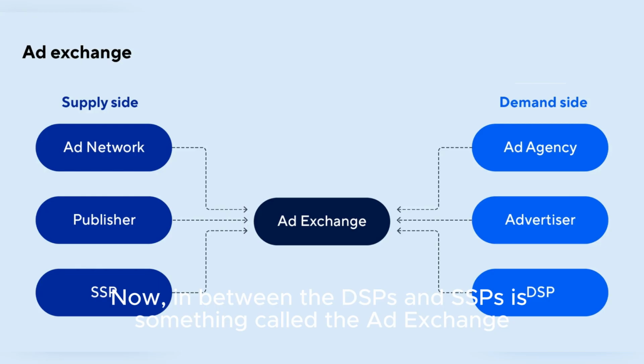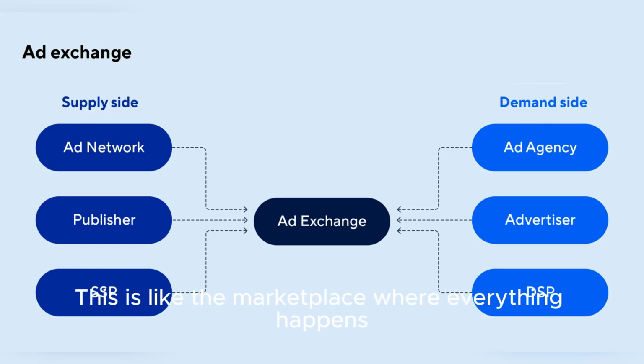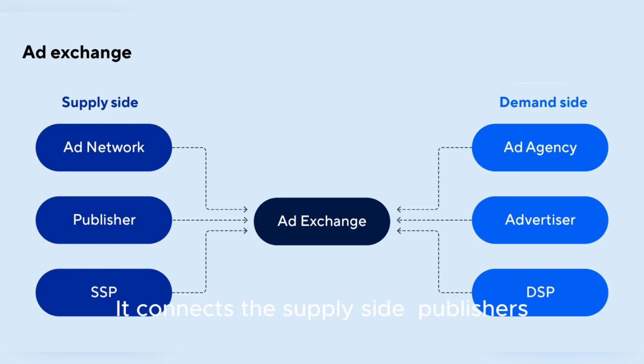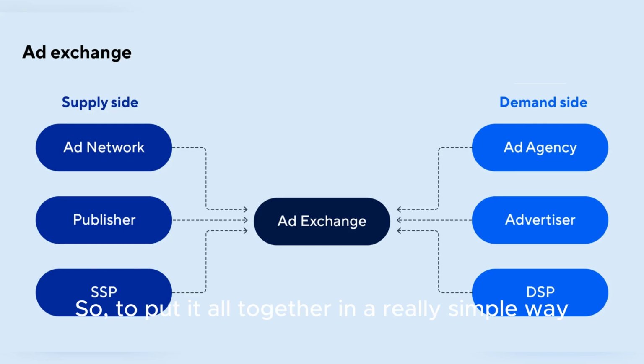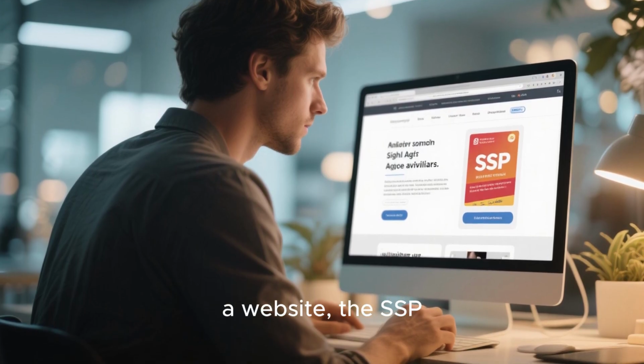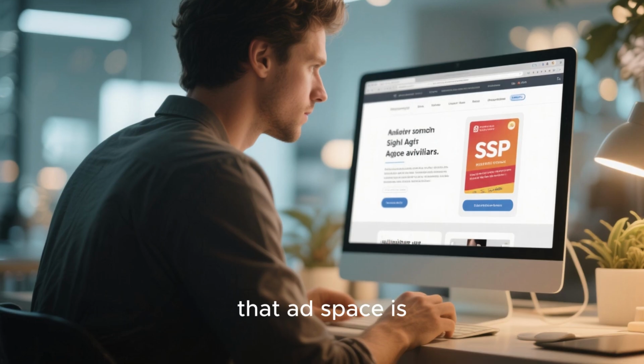Now, in between the DSPs and SSPs is something called the Ad Exchange. This is like the marketplace where everything happens. It connects the supply side, publishers, with the demand side, advertisers, and handles the transactions that take place during those real-time auctions. So, to put it all together in a really simple way, when someone visits a website, the SSP sends out a signal that ad space is available.